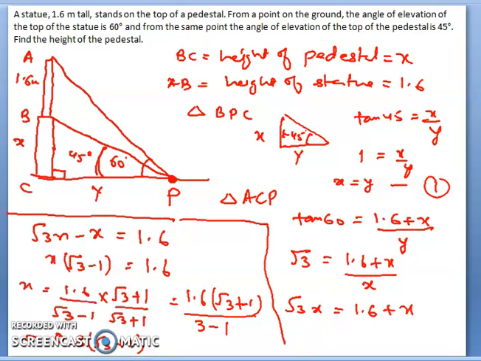If you want, you can take root 3 as 1.73, and you can multiply with 2.73 into 0.8, and then you can add it. Height of the pedestal is x, which is equal to 0.8 into root 3 plus 1. Now moving to the next.